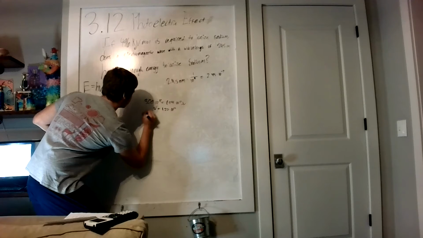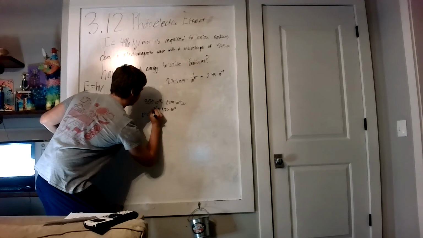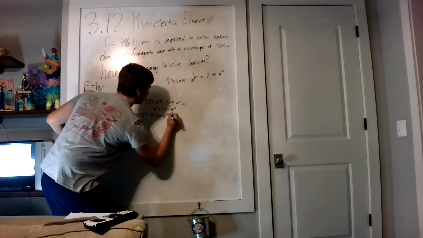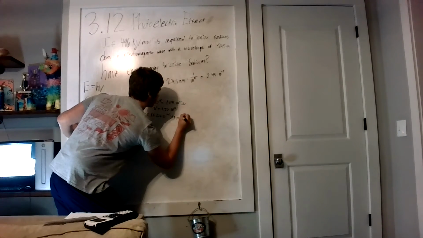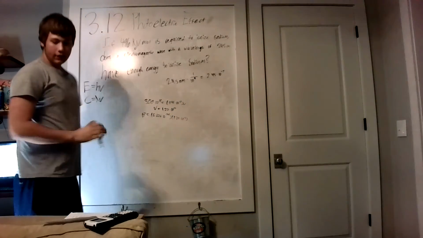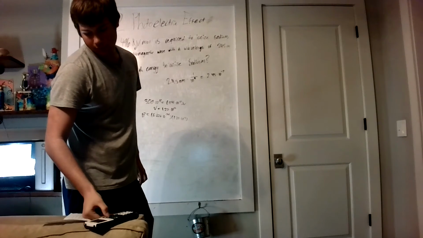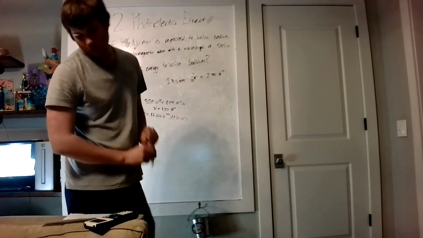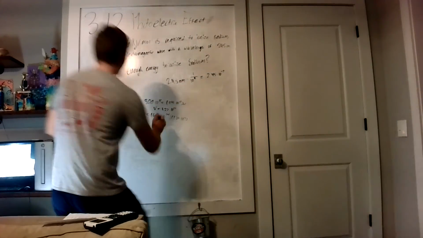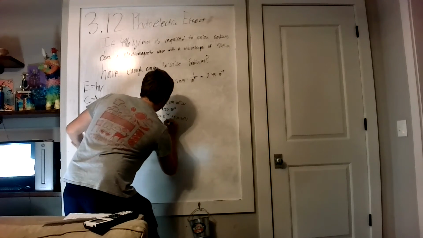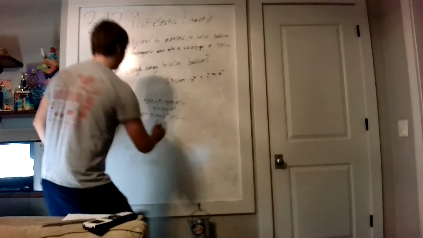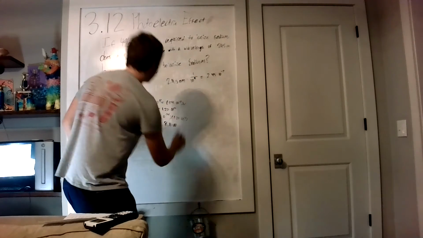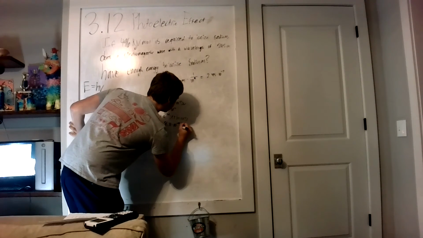So energy equals Planck's constant, which is 6.626 times 10 to the -34th, times our 1.22 times 10 to the 15th, and that equals 8.11 times 10 to the -19th joules per photon.